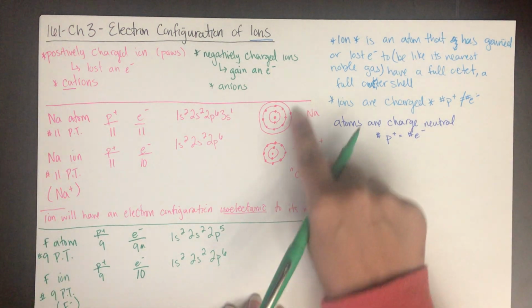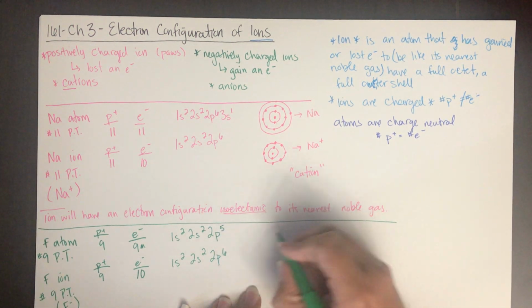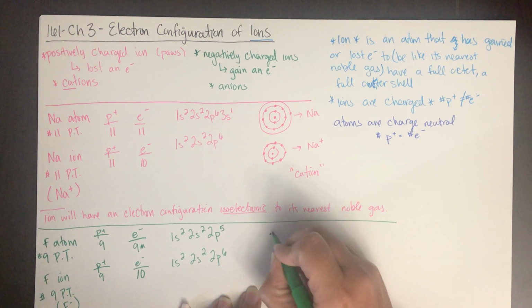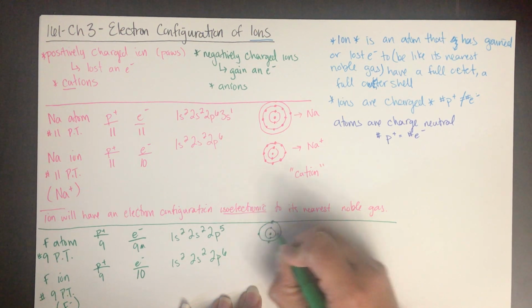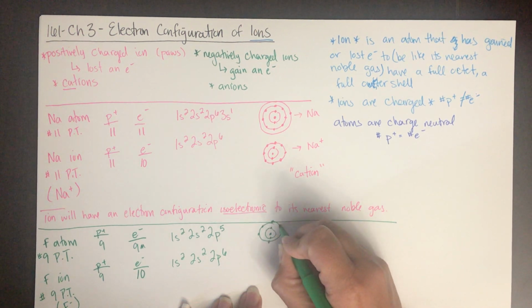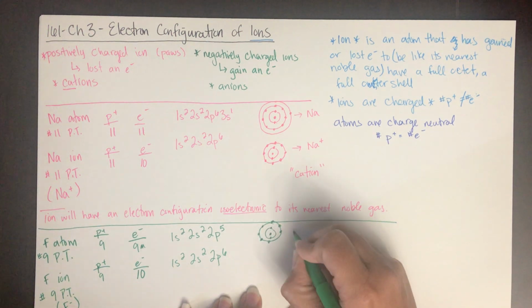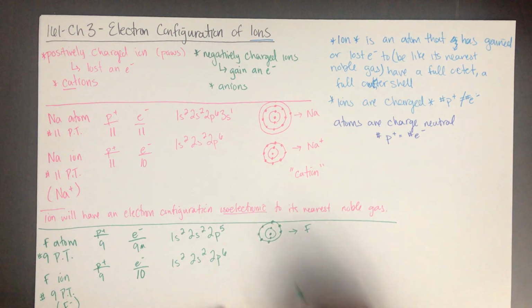I'll go ahead and draw these out again too. So for fluorine, remember here's my nucleus, 1 shell, 2 shells, 1, 2, 3, 4, 5, 6, 7, 8, 9. So this would be fluorine. And now it's going to gain an electron. So this is 1 away from having a full octet.